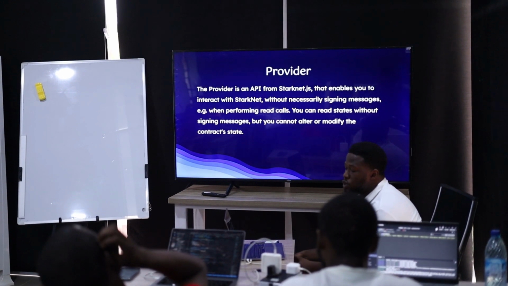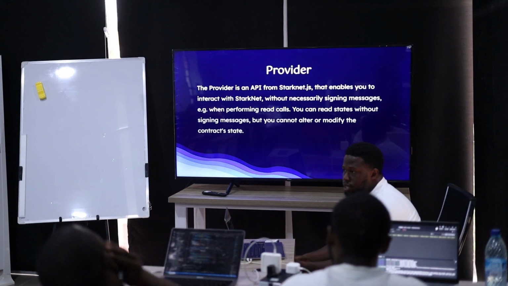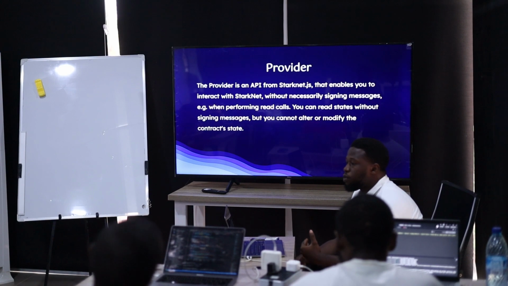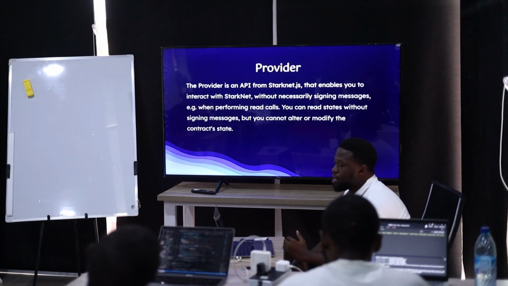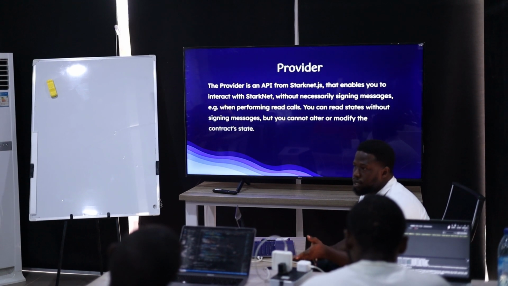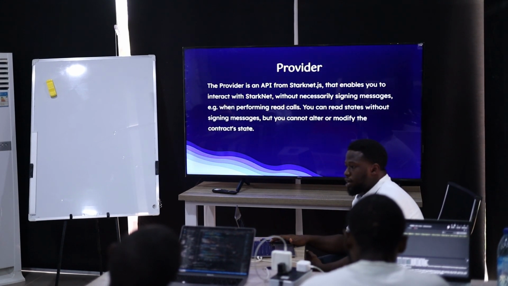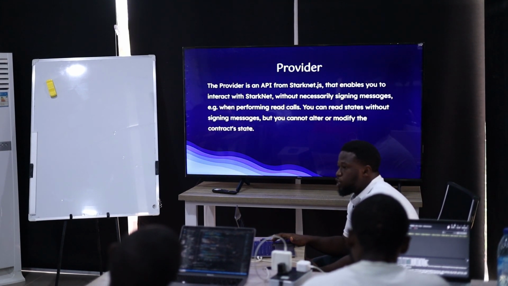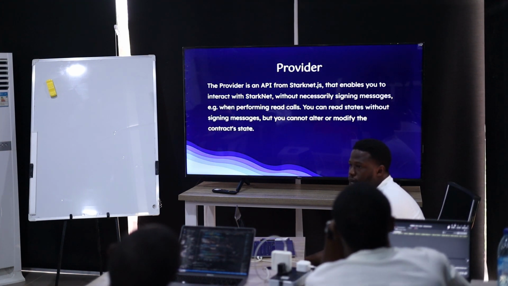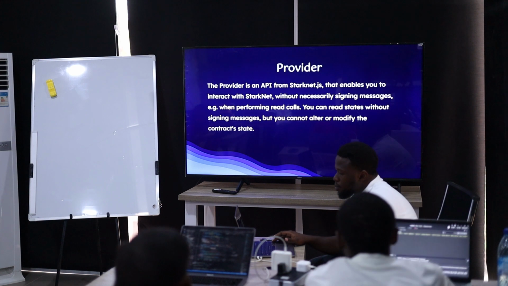You know how state is stored in the storage of a Starknet smart contract. With a provider, we can perform read calls without necessarily connecting our wallets to the dapp. That's what the provider does. But you cannot use the provider to perform write operations. Write operations are operations that change the contract state.